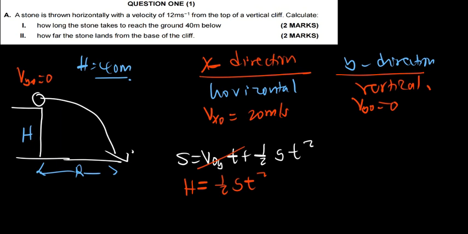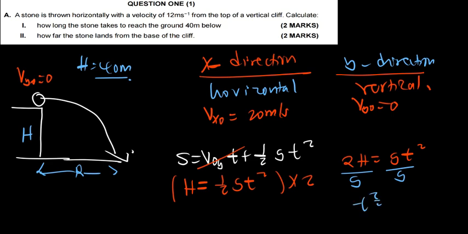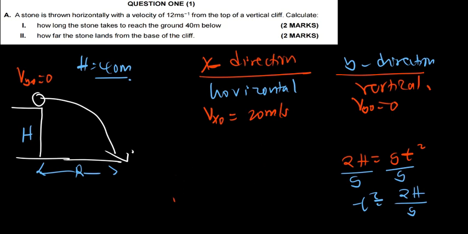I can now multiply by 2 everywhere to get rid of the half, and I'll end up having 2h equal to g t squared. I'll divide both sides by g, so t squared will be equal to 2h divided by g, meaning t will be equal to the square root of 2h divided by g.